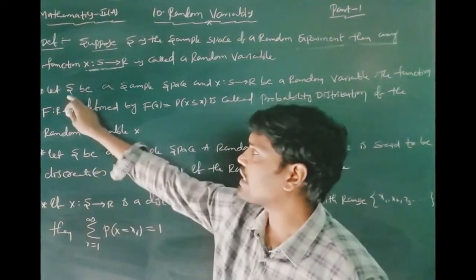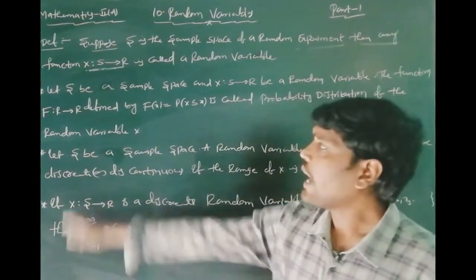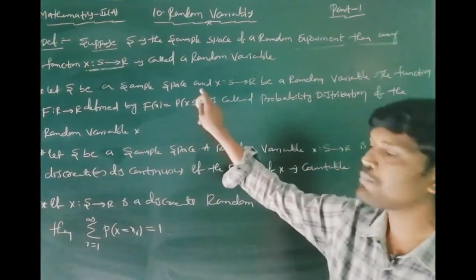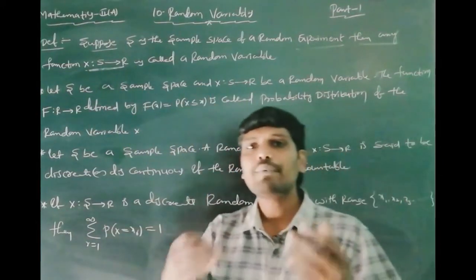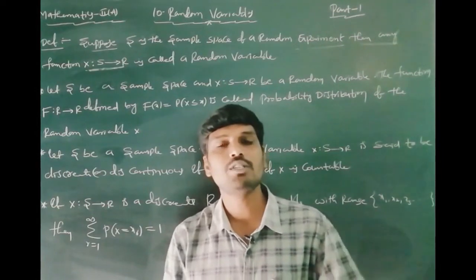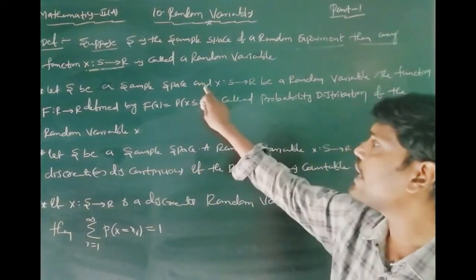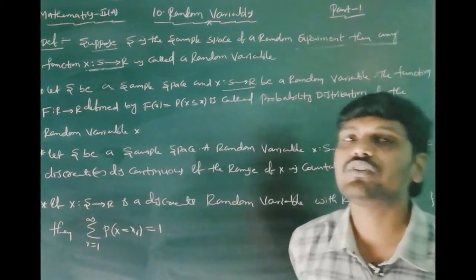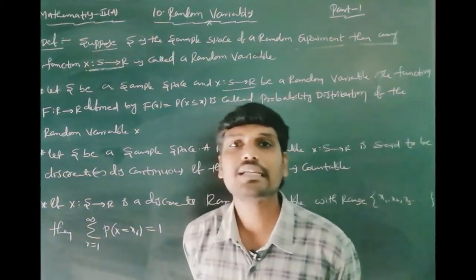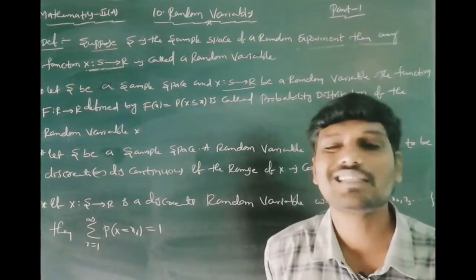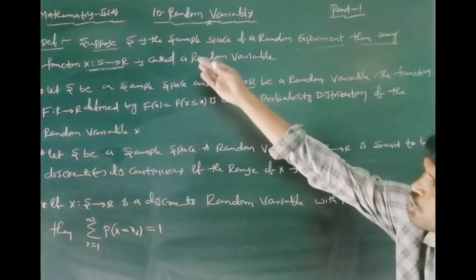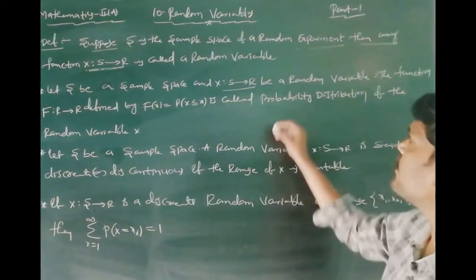Next, the second one. Let S be a sample space in a random experiment. In this random experiment, X mapping from S to R is a random variable, that is, you know by the definition of a random variable.